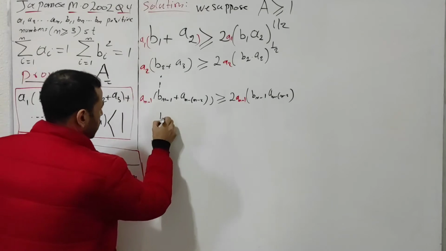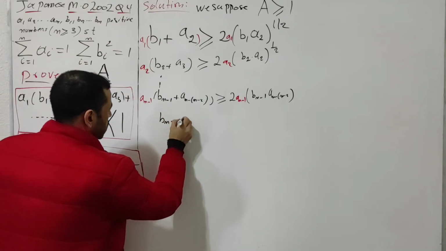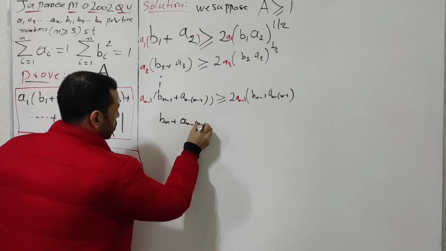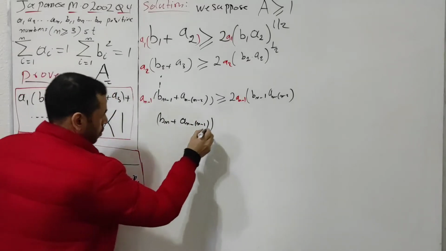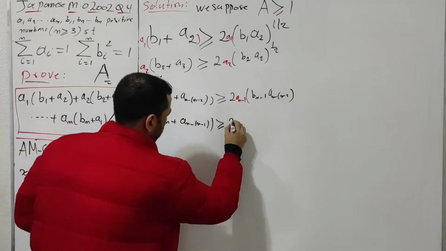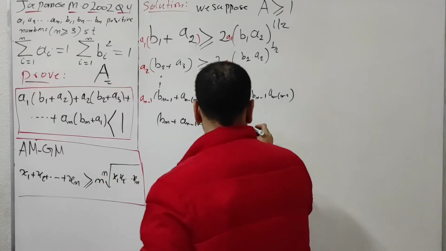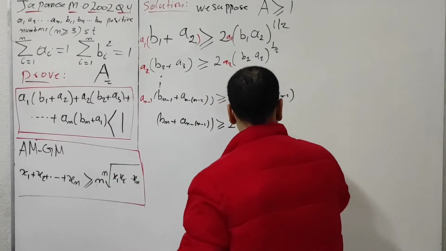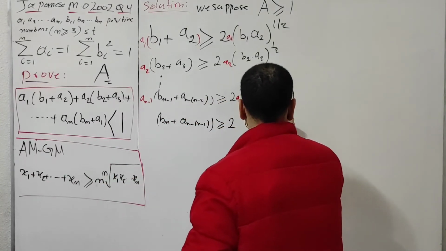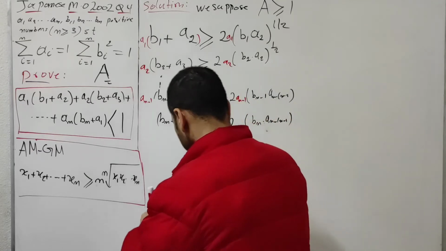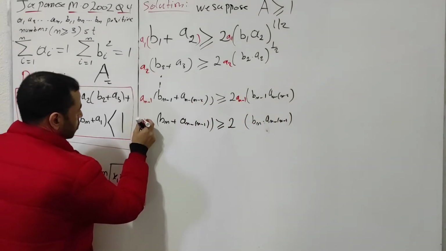For the last term, b_n + a_{n-1} is greater than or equal to 2 times the square root of b_n a_{n-1}, multiplying both sides by a_n.